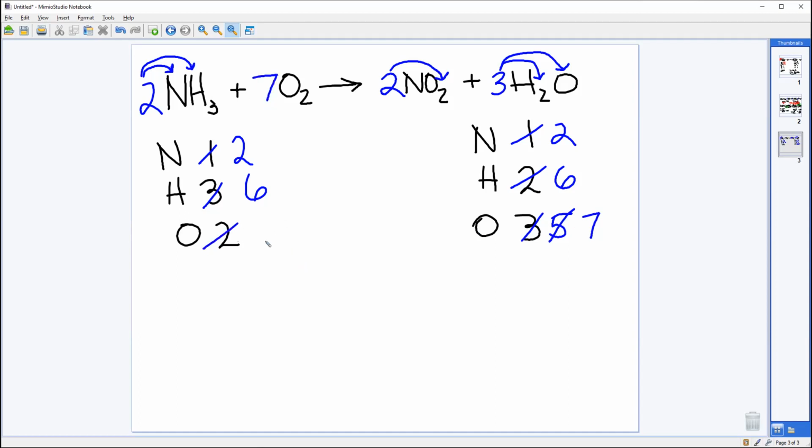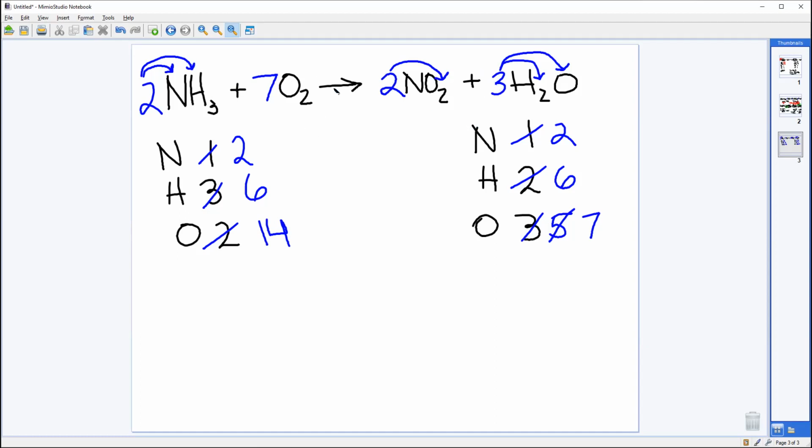And that's going to make this 14. But now what am I going to do? Now I've got to figure out how I'm going to balance these, okay? So I've got to figure out how I can get to 14 oxygen. So I'm going to end up having to change these again.